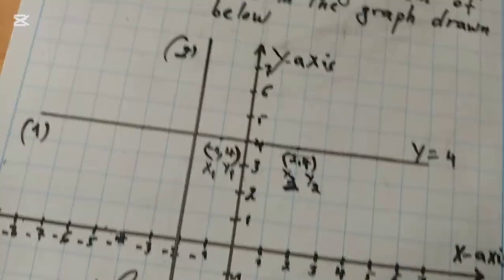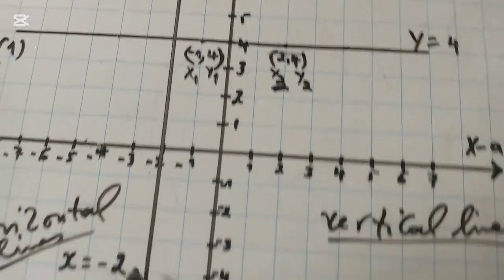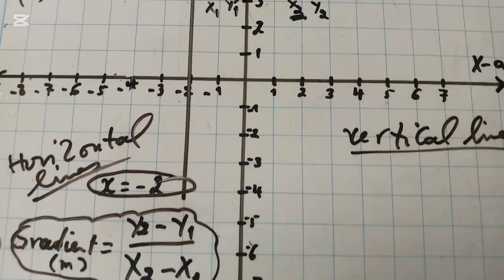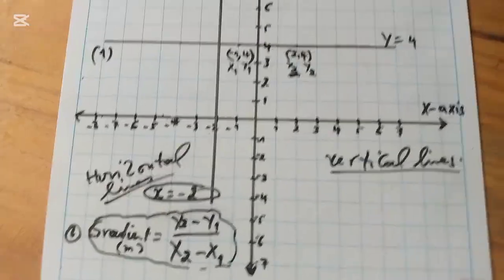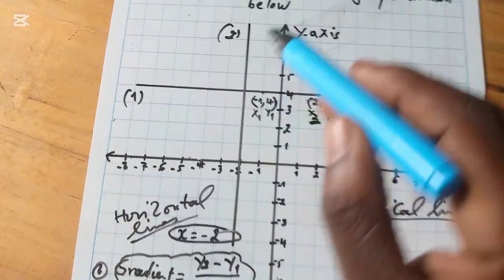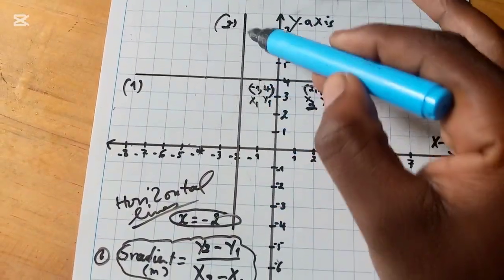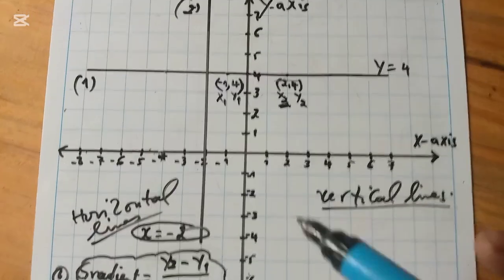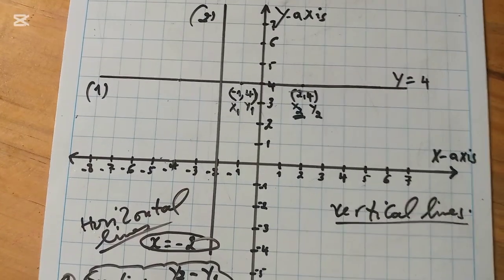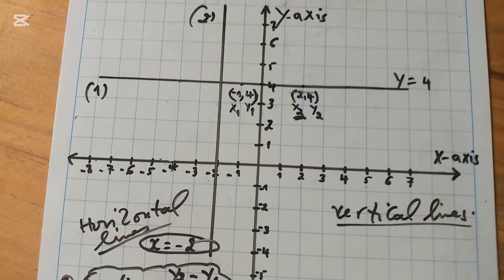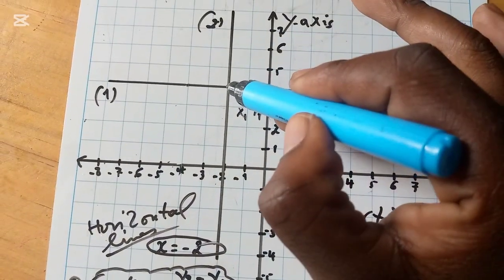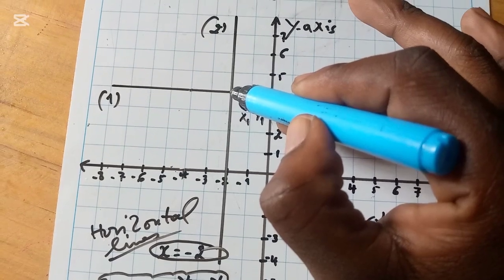The vertical line we considered here is this line, which is x equals negative 2. So we come here on this graph. This is a vertical line. Also we have to take 2 points at random, but those 2 points must be on the line. That's why I can take this point.